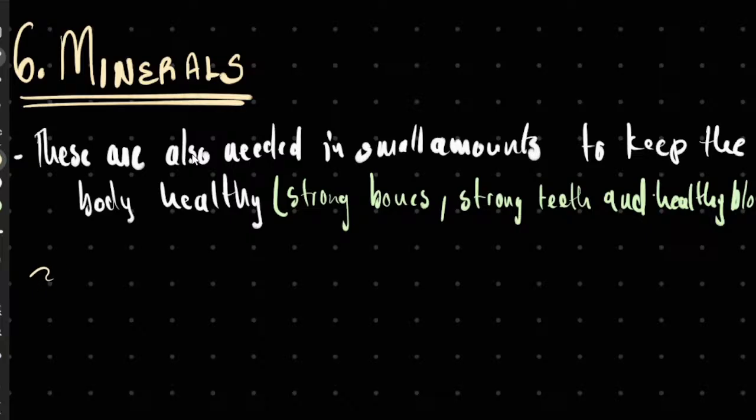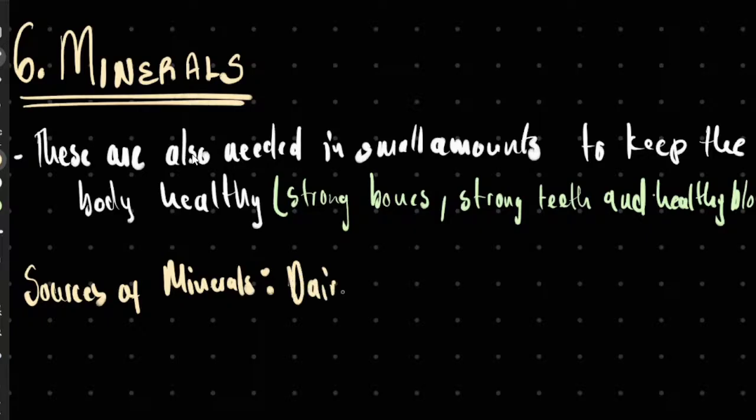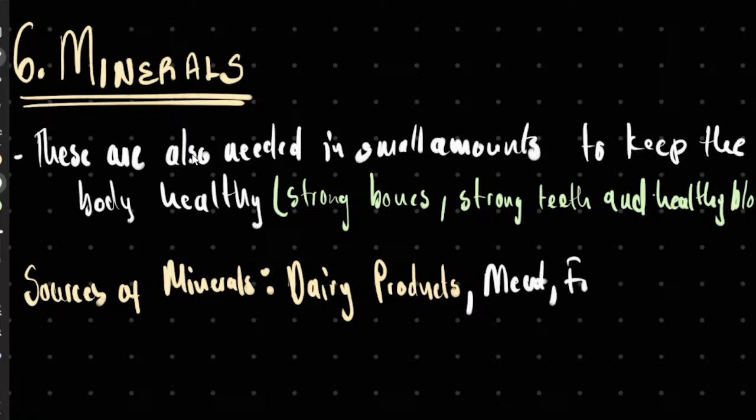So let's say sources of minerals. What are sources of minerals? Dairy products, okay, milk, cheese, yogurt, and also if you eat meat, also if you eat fruits, also if you eat vegetables, then you are going to have minerals.